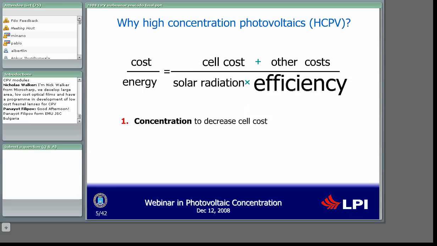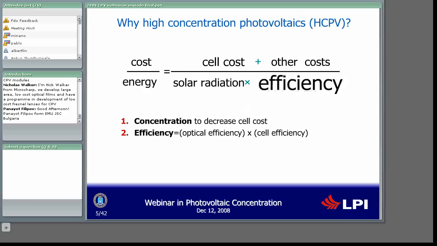But other elements in this equation are affected too. First, the efficiency will not be that high because we will use the optics, which has an optical efficiency that is not 100%.